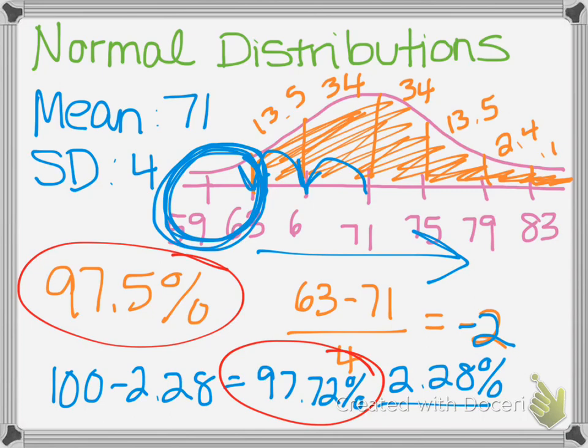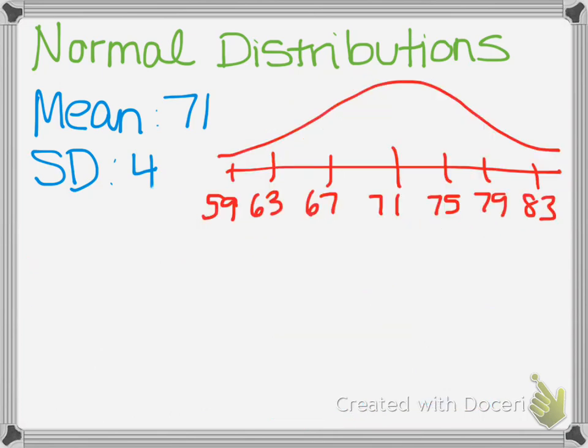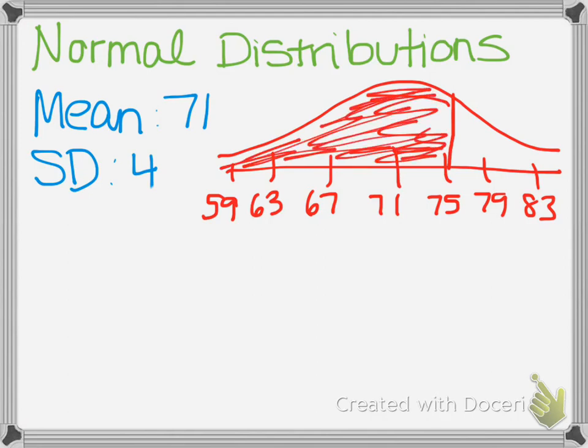Okay, so let me ask you another question. What percent of the scores are less than 75? Well, if this is where 75 is, less than 75 is all this part here, this whole percentage.